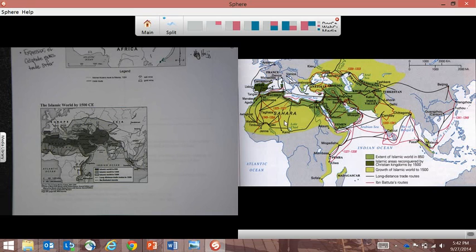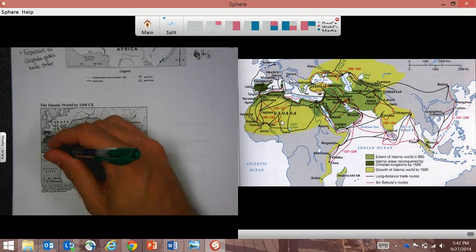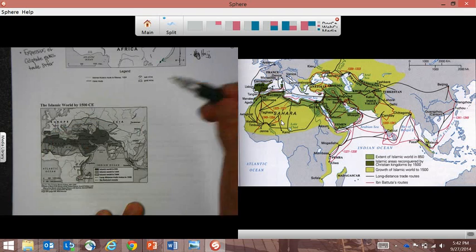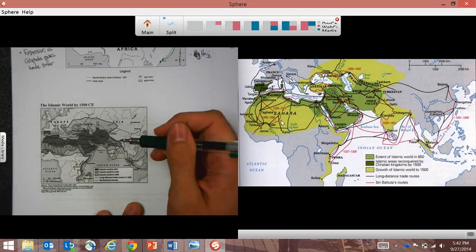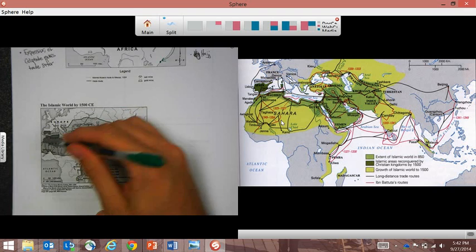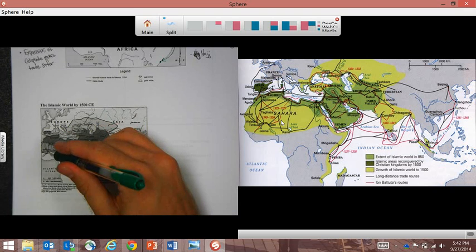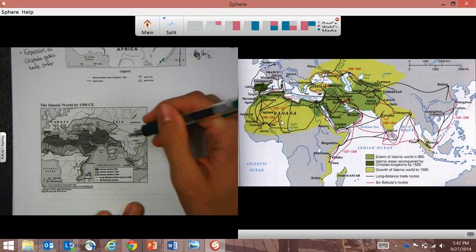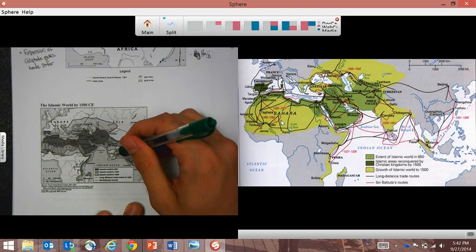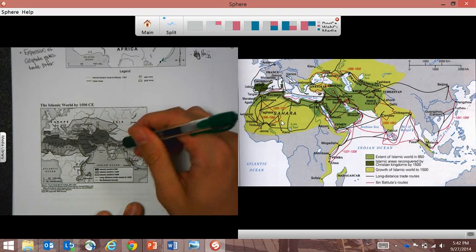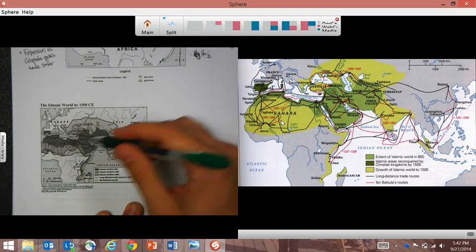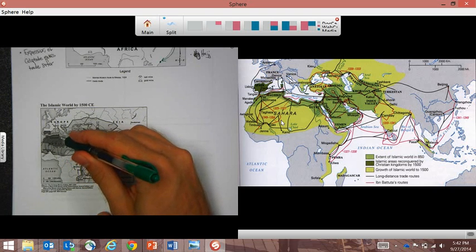So if you were trying to get gold from Timbuktu to Calicut in India, you would ship it up here to North Africa.